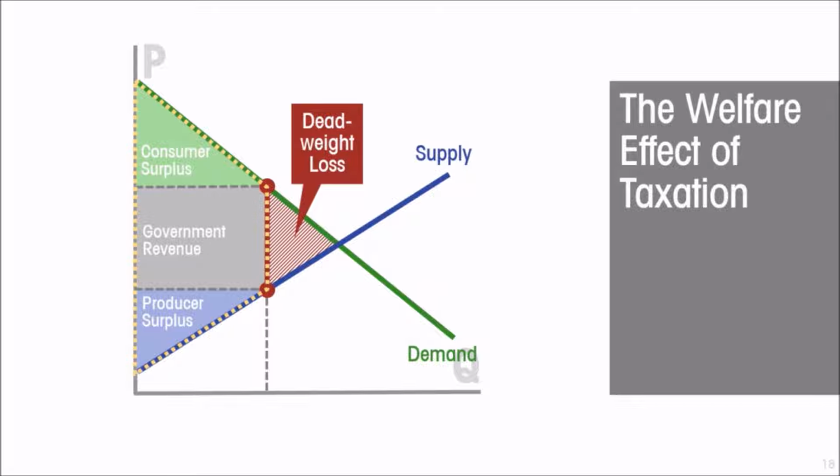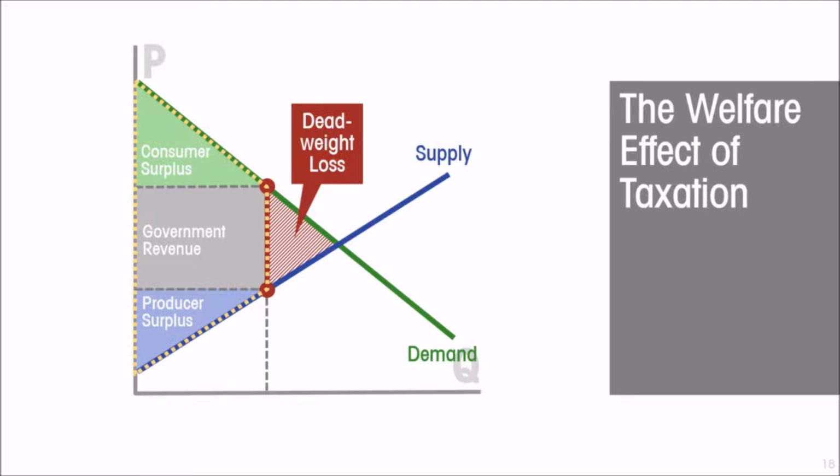So a tax is a transfer from consumers to the government, and therefore is not a net loss of welfare. To the extent that producers share some of the burden of the tax, then it is also a transfer from producers to government and is not a net loss of welfare either.